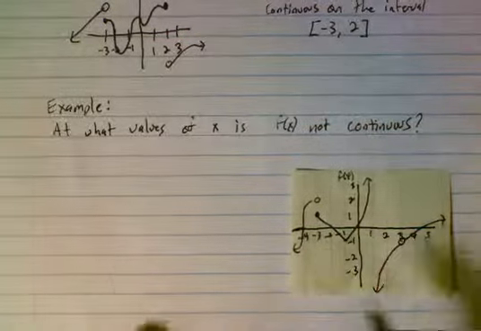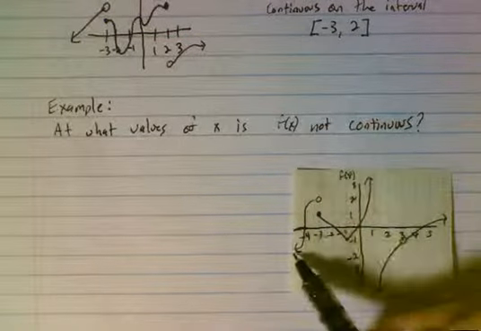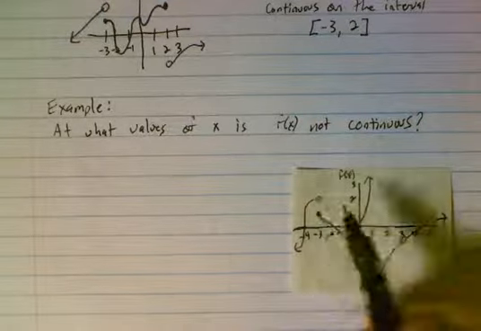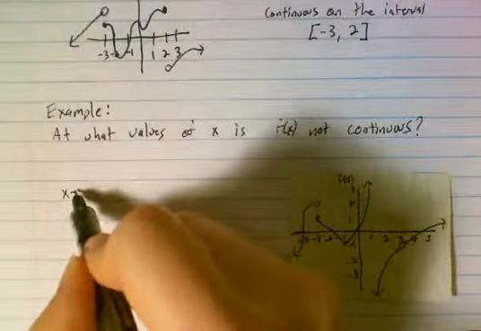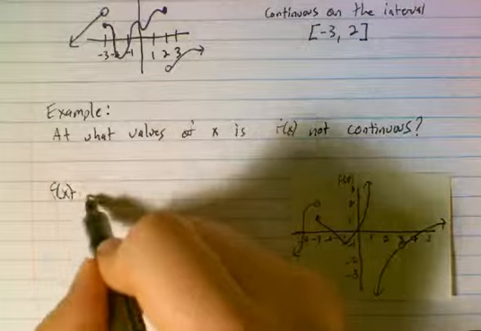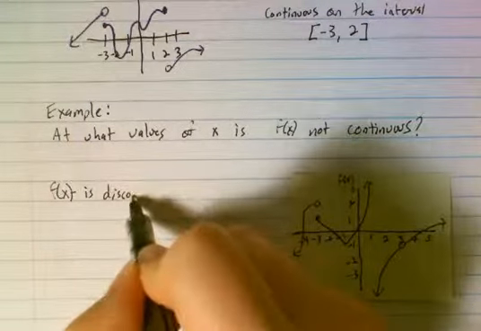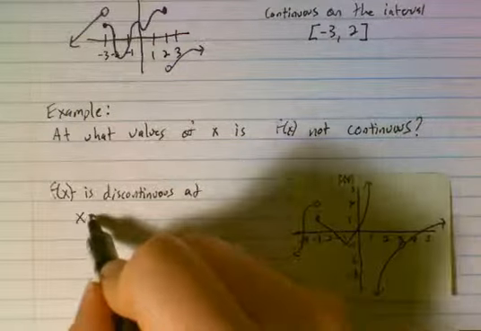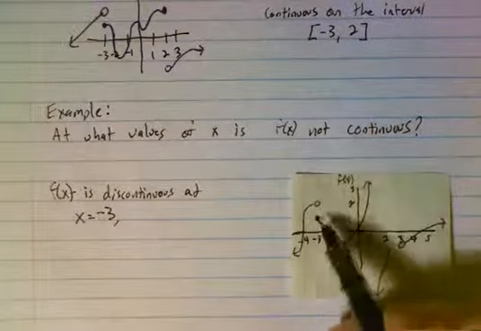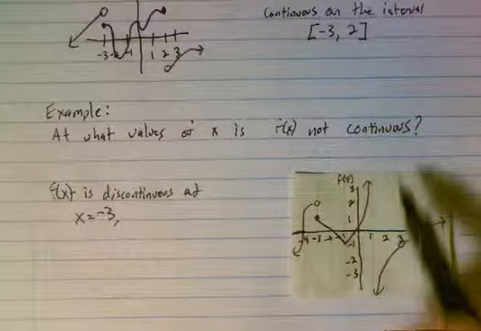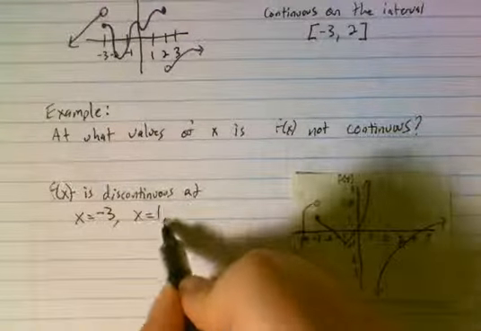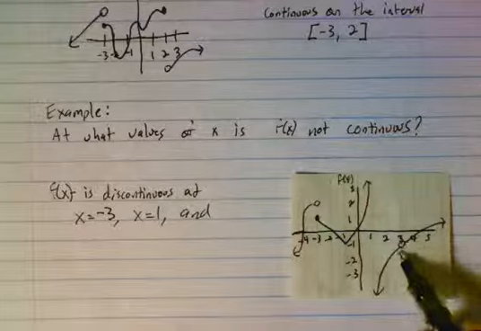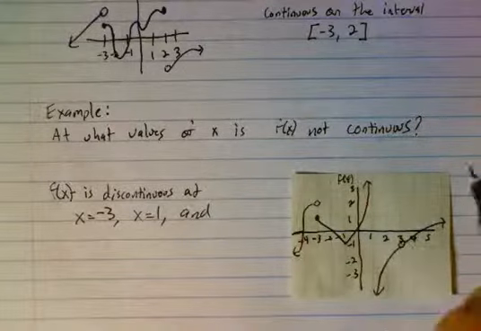So what I'm looking for here is where I need to lift my pen while I'm drawing this curve. I have to lift it at x equals -3. I have to lift it again at x equals 1. And a final time to go over this little hole, this little removable discontinuity at x equals 3.